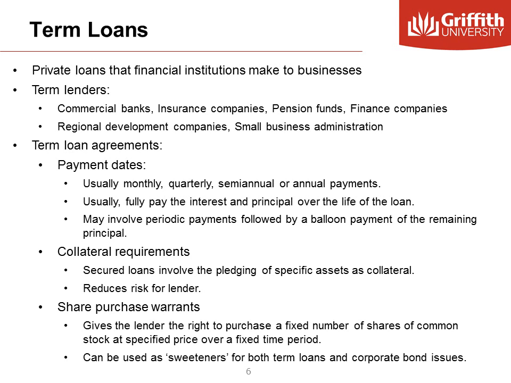Companies negotiate the term loans directly with the lender, where they agree on things like the payment dates, their frequency and size, any collateral requirements as to the assets to serve as security, any share purchase warrants that allow the bank, for example, to purchase a fixed number of shares at a specified price over a fixed time period in the future.